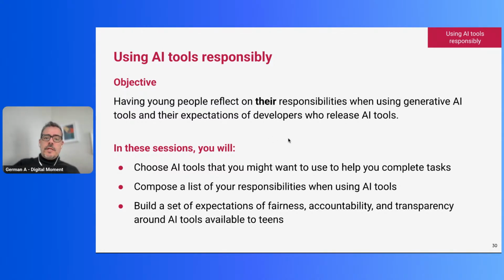This one will be directly, and also the expectations of the developers that are creating and releasing these products, which is very important. Remember, AI doesn't get made out of nothing. There are people behind these systems. There are companies, organizations, that we need to raise the bar on the expectations that we have of them.